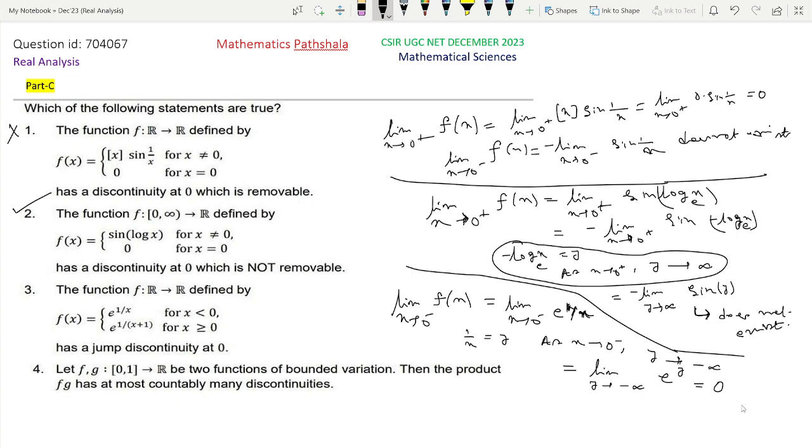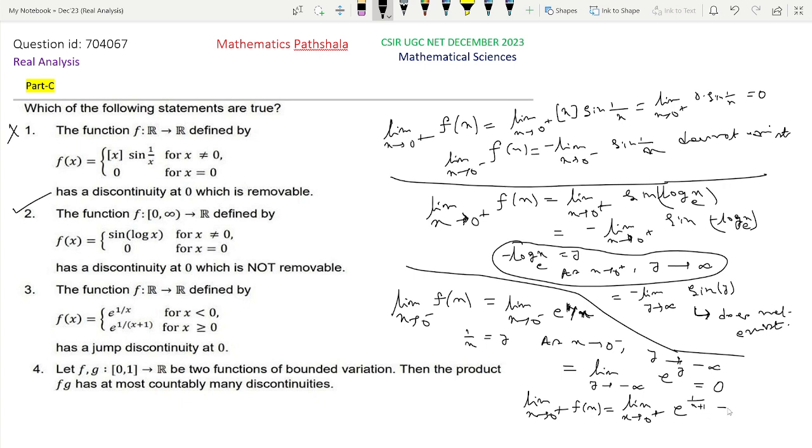This limit actually tends to 0. Okay, now let us calculate the limit as x tends to 0 plus of f(x), that is the limit as x tends to 0 plus of e to the power 1 by x plus 1.